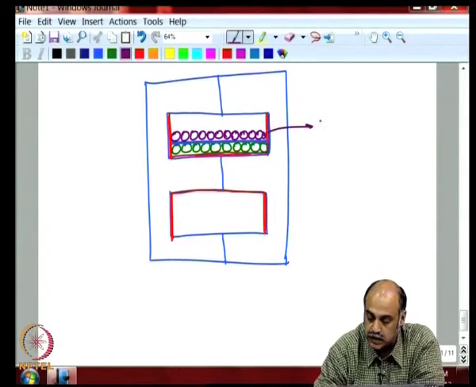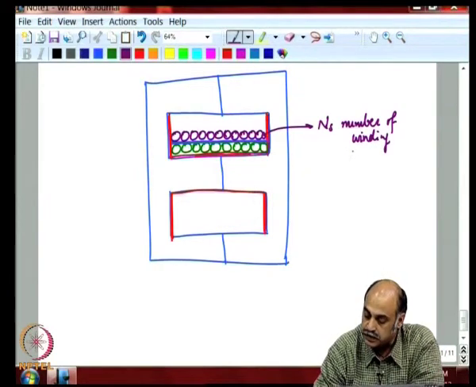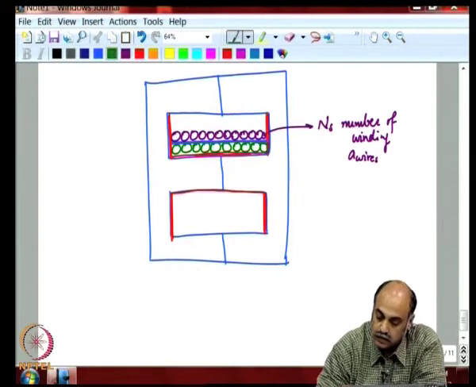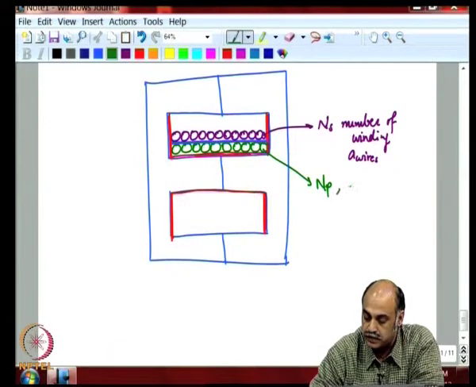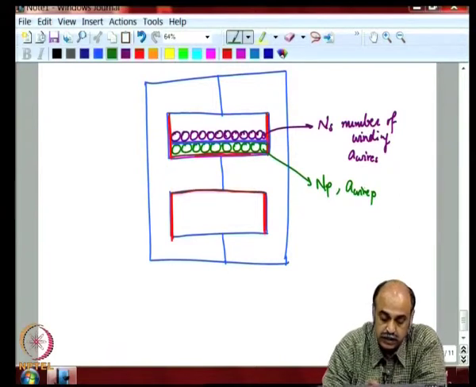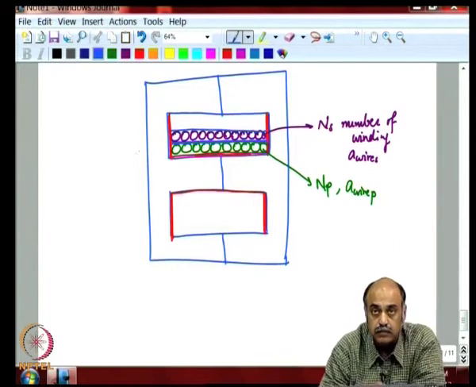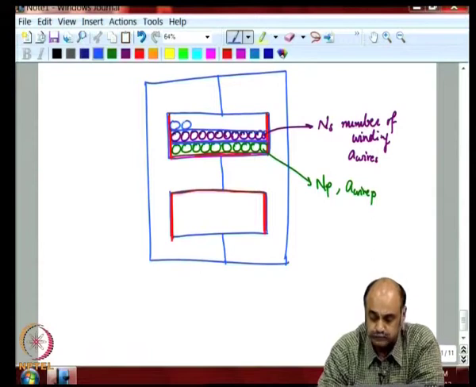So, let us say this is NS number of windings of cross section area A wire S. These are NP number of windings of cross section area A wire P, and if there are still further secondaries, you need to isolate them with further layers of insulation and then more windings.